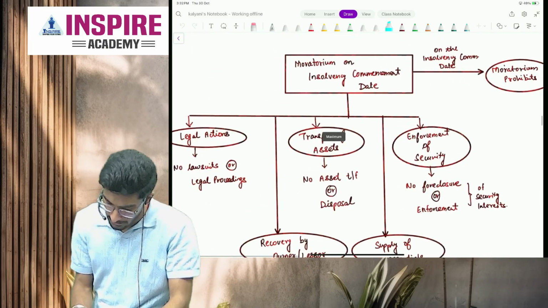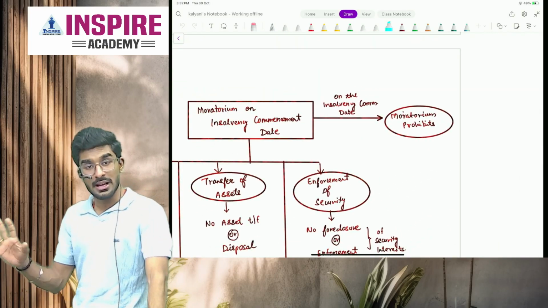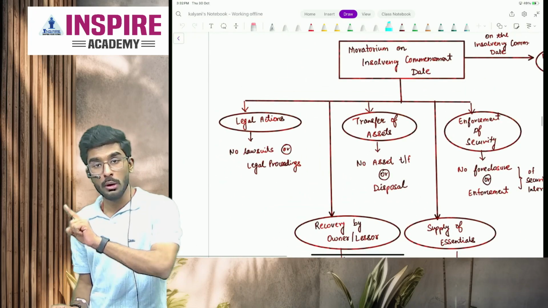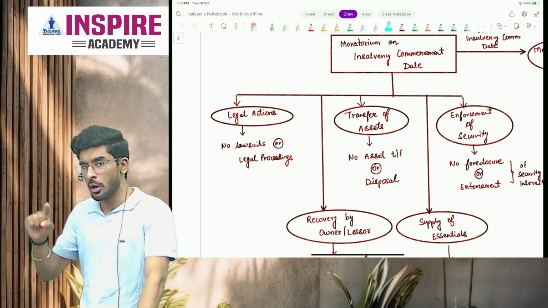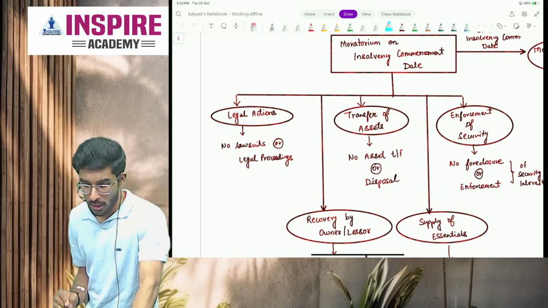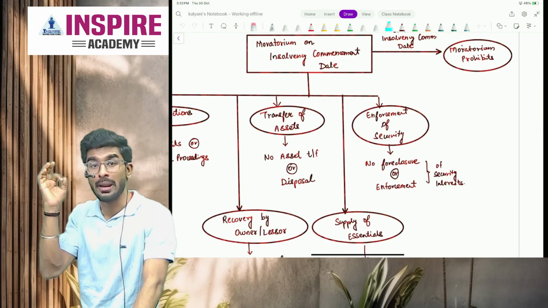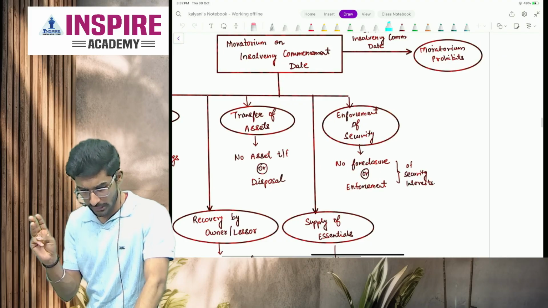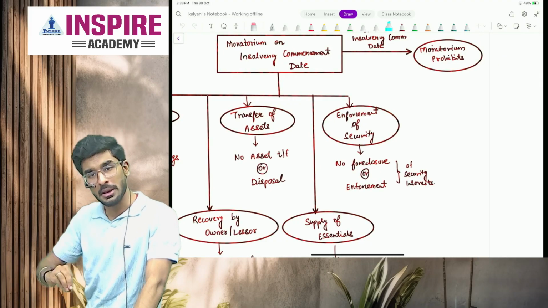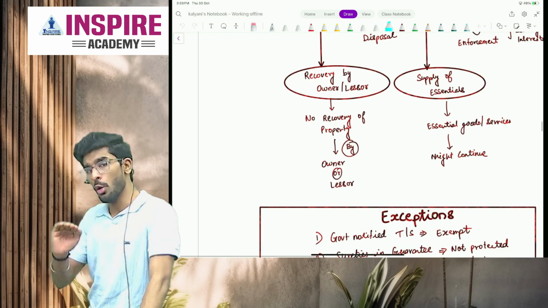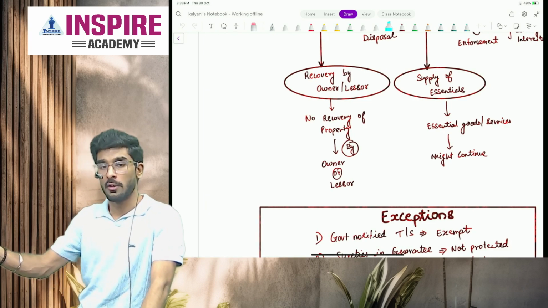Now, moratorium period. On the insolvency commencement date, the moratorium period begins, where no legal actions, no lawsuits, no legal proceedings can be taken against the corporate debtor. Number two, no asset can be transferred, disposed, or alienated. Number three is no security can be enforced. And next is no recovery by the owner or lessor of the property.